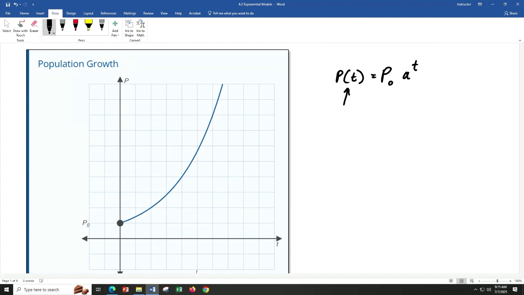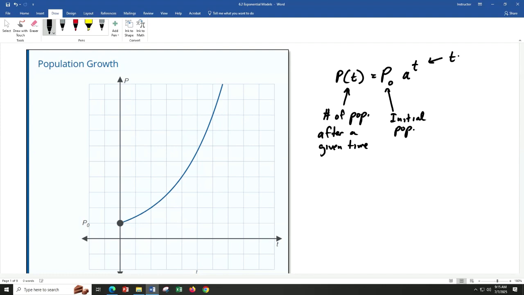Makes sense. And this is going to be the number of the population after a given time. P sub 0 is the initial population.